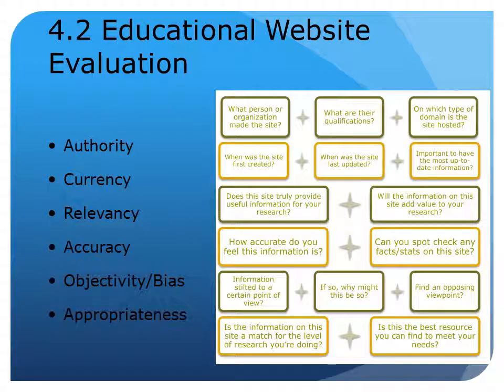As we begin to evaluate educational websites, the 6 criteria that we want to keep in mind are authority, currency, relevancy, accuracy, objectivity and bias, and appropriateness. If we take a look at each of these criteria and the questions associated with them, we can sift pretty quickly between quality and non-quality websites.